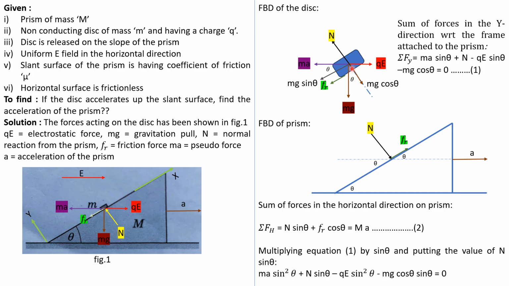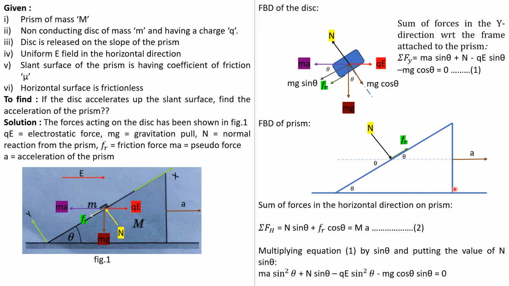Electrostatic force is acting in this direction, the component of this will be in the negative of the normal reaction direction, so we can write minus qE sin theta. Same way mg has a component in this direction, mg cos theta, but it is acting negative to the y-axis direction, so minus mg cos theta. This equation we say as 1.